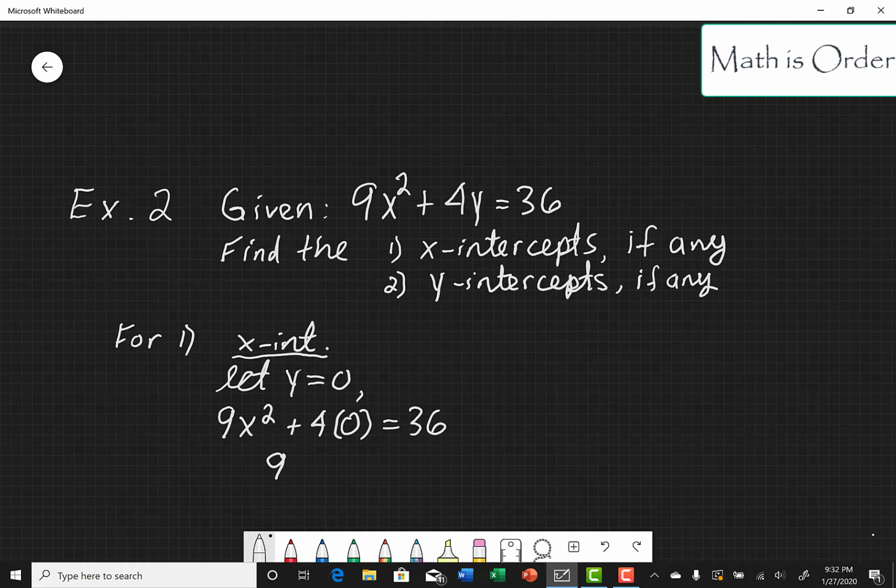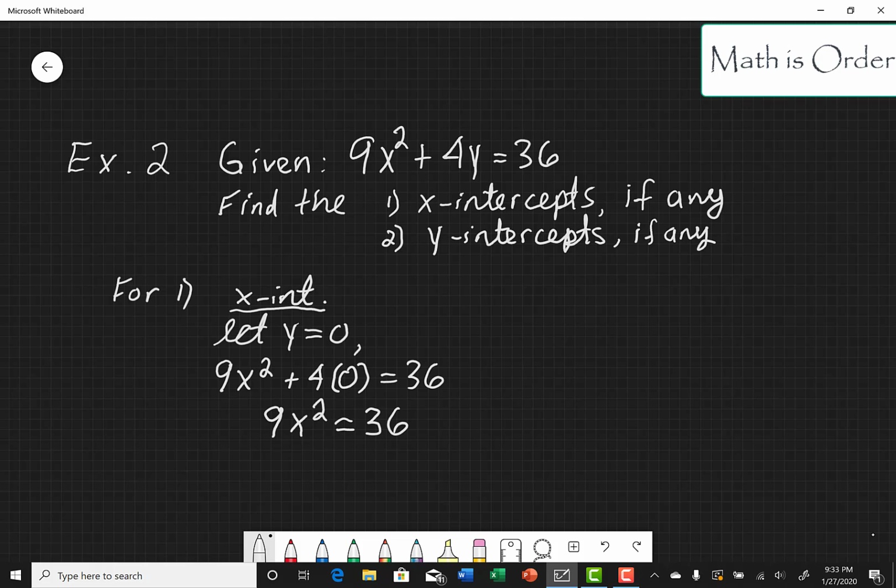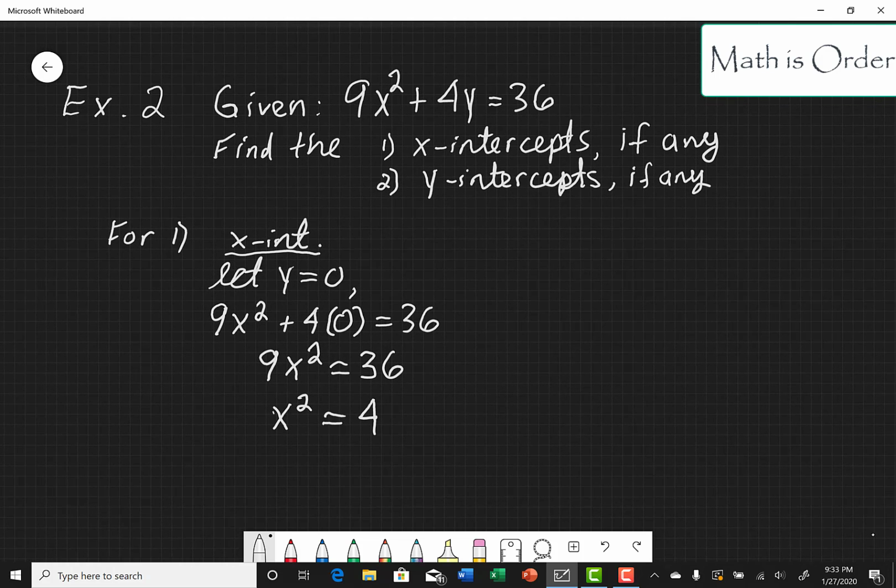Simplifying this will give us 9x squared equal 36. Solving this for x by dividing both sides by 9, we get that x squared is 4. We almost got x by itself. In order to get rid of the square, we could take the square root of both sides.